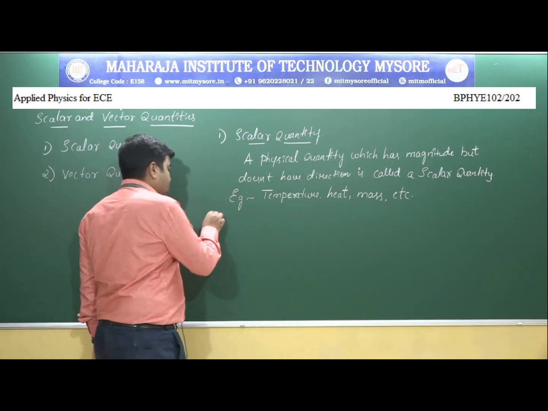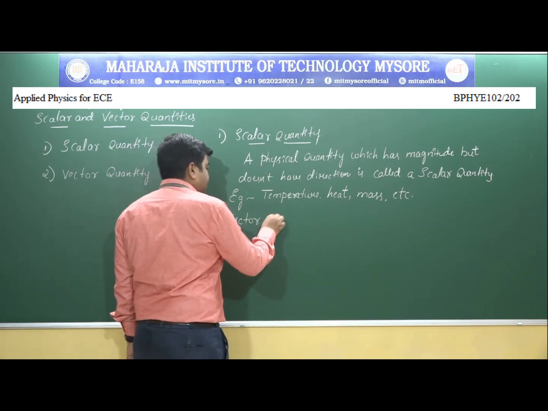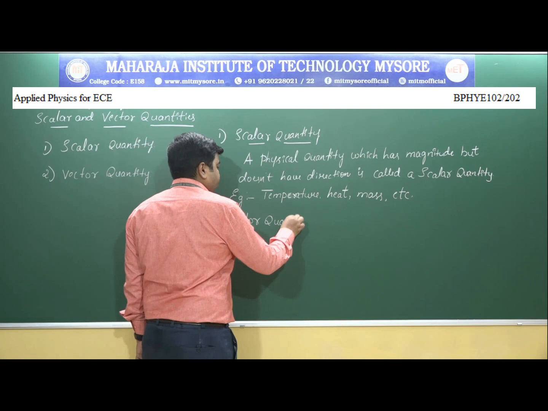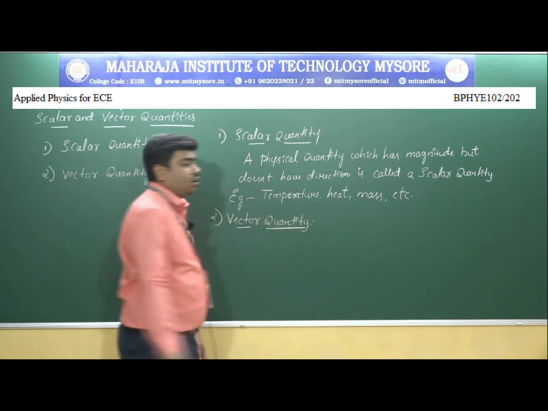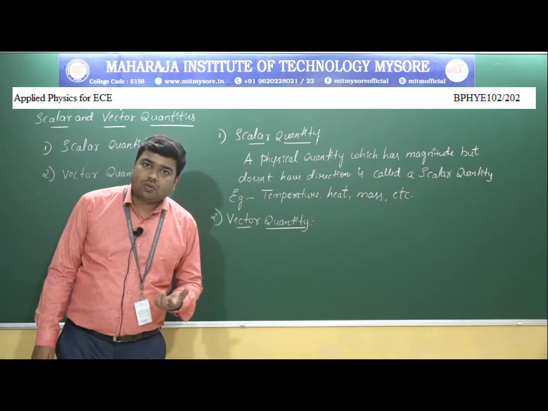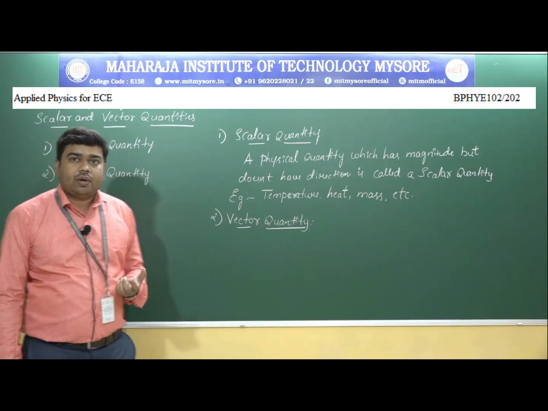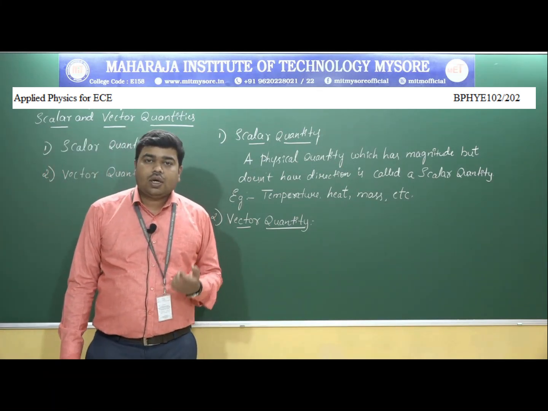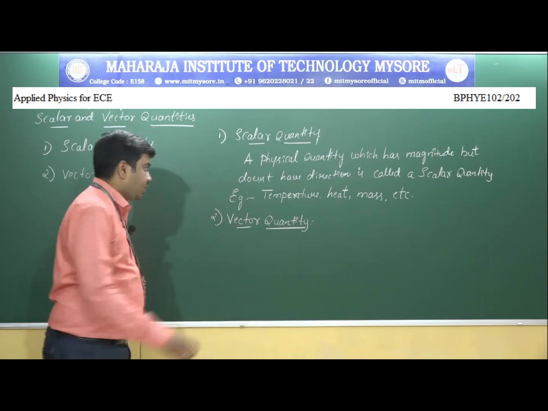Now, the second one is vector quantity. A physical quantity which has both magnitude and direction, or a physical quantity which can be defined by both magnitude and direction, such a kind of physical quantity we call a vector quantity.